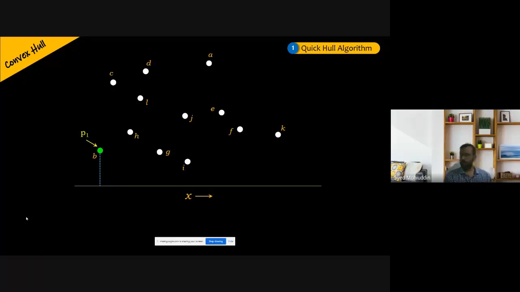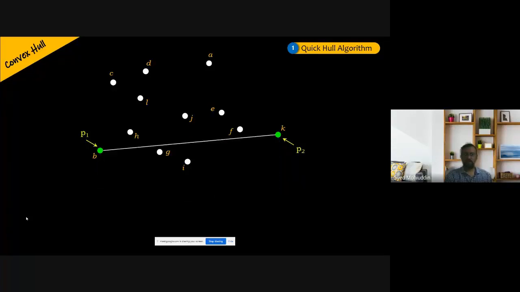We have another point on the extreme right hand, which is K, and let us call this point K as P2. Then a segment is drawn between these two extreme points, that is between P1 and P2.